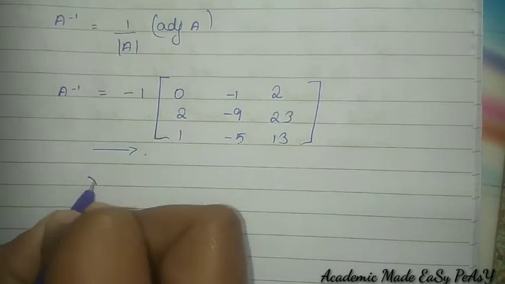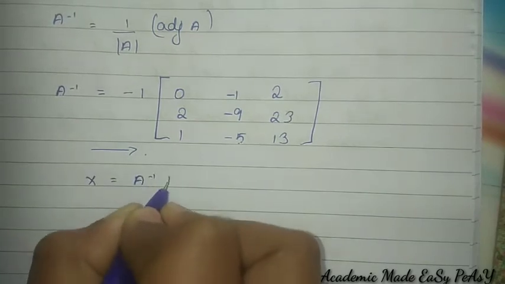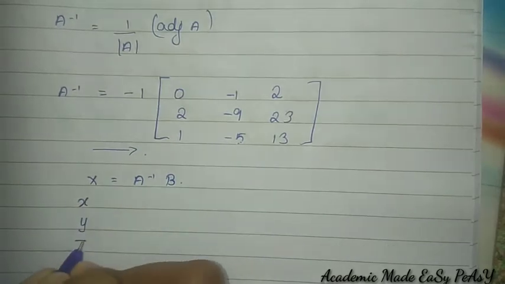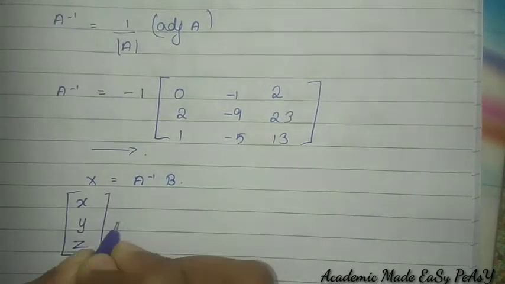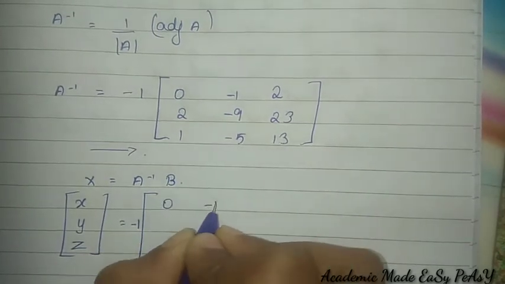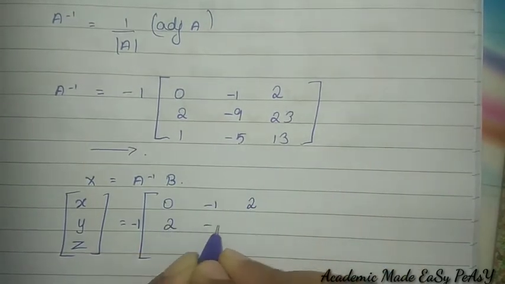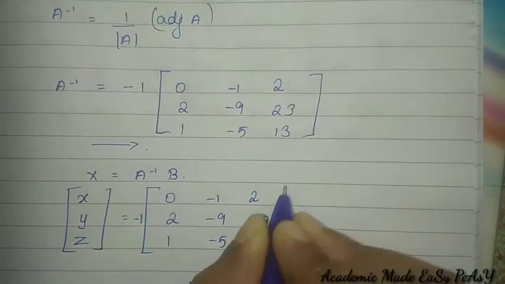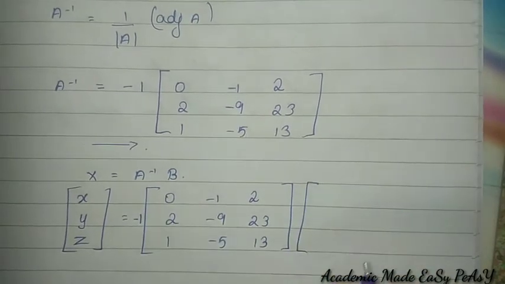Okay, so now second part, that is solving the system of equations. Now, x is equal to A inverse B. So what is my x? X, y, z is equal to minus 1 into 0, minus 1, 2, 2, minus 9, 23, 1, minus 5, 13 into, what is b?